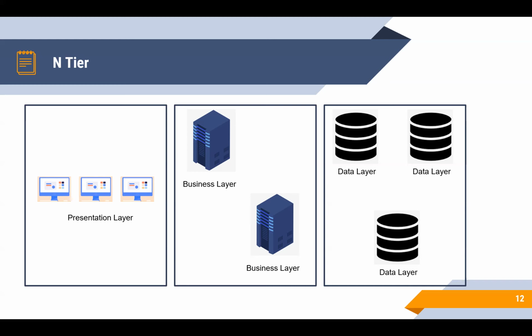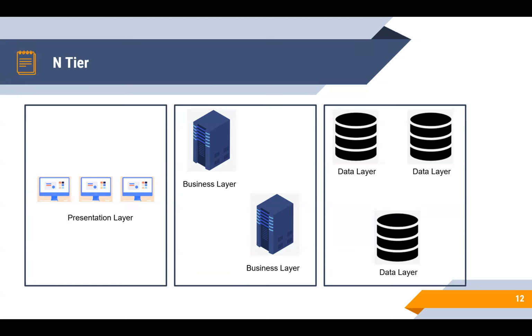This type of architecture is called the n-tier architecture. So now we have understood one tier, two tier, three tier, and n-tier architecture. Normally, when we are developing an application, we follow the three tier architecture.